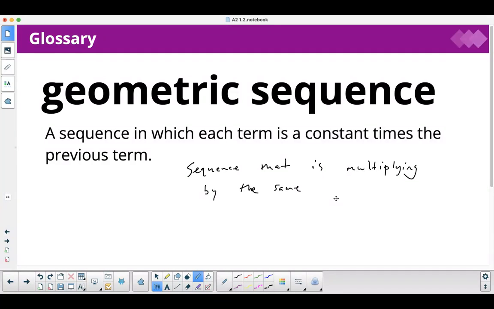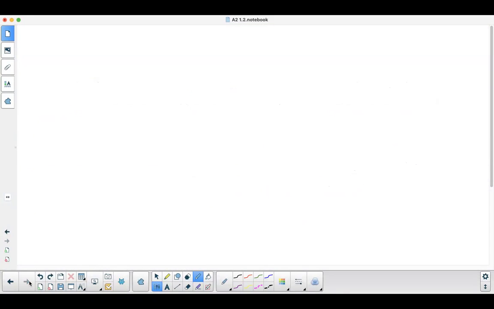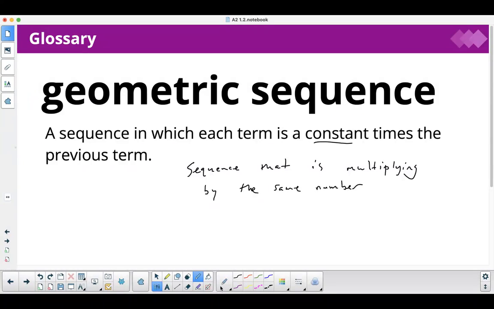I don't want to just say multiplying. I want to say multiplying by the same number. That's why they say constant, because you can't multiply by 3 and then 4 and then 5. That's not a geometric sequence. You have to multiply by the same number all the way through. Okay, that's all we got here.